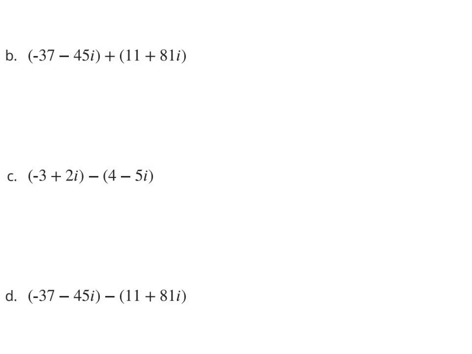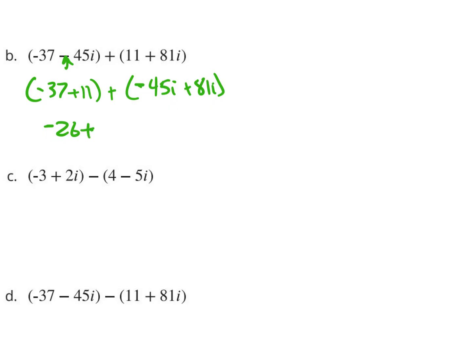Okay, now for some more practice. We're going to come down. We're going to put the real numbers together. Remember, the sign in front of the term goes with the term. -37 plus 11 is -26. -45 plus 81, or 81 minus 45.